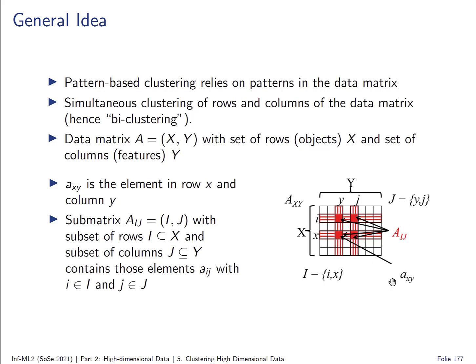So if J, for example, consists of y and j here, and I consists of i and x here, then the submatrix A_IJ consists of the values a_iy, a_ij, a_xy, and a_xj, obviously.